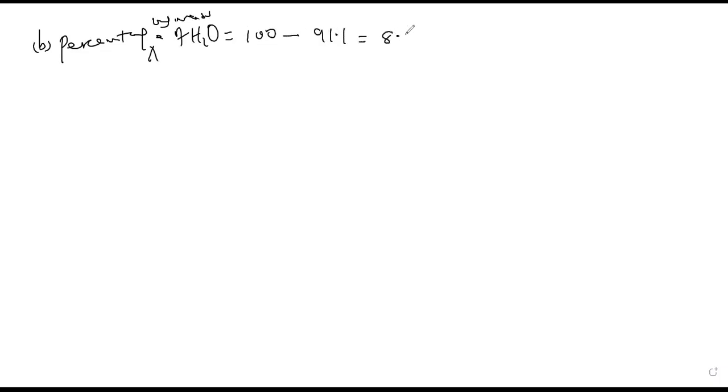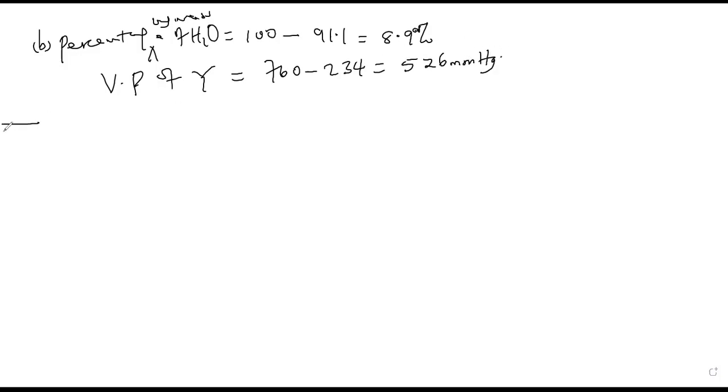And this is giving 8.9%. Then we also have to get the vapor pressure of Y. Vapor pressure of Y would be the total 760 minus the one of water, 234. So it will be 526 millimeters of mercury.